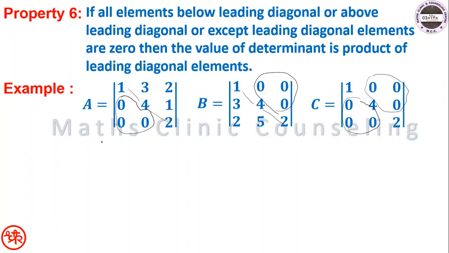In every case, the value of the determinant is the product of the leading diagonal elements, that is 8. Here determinant B is 1 into 4 into 2, and determinant C is also 1 into 4 into 2, which equals 8, and this is also equal to 8. Is that clear? We can easily prove this.